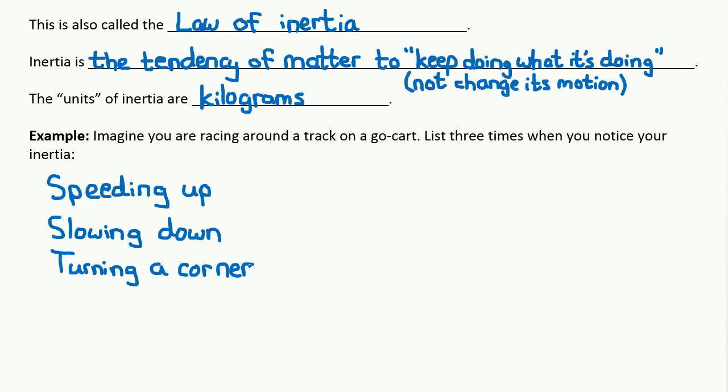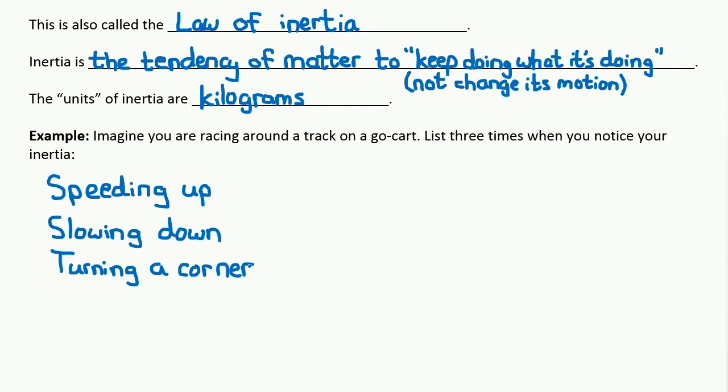It's going to want to keep moving in a straight line in the direction that it's going. And if you want it to turn the corner, you are going to have to make sure there's a net force on the car that pushes it around that corner. And you get that force by turning the wheels, and then there's some friction between the wheels and the ground. And that allows the car to go around the corner.